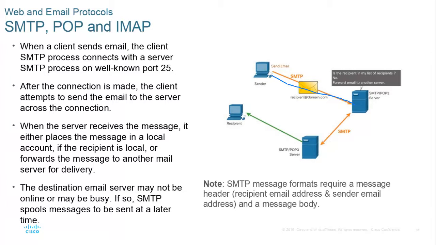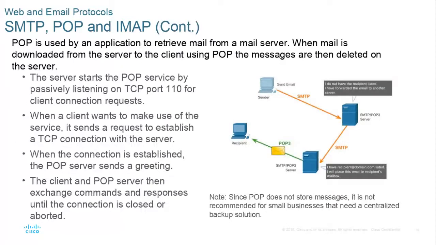Whenever you pick up mail, it's POP3 or IMAP. These protocols are not commonly used by home users or corporate users anymore. They typically will use a web-based service like Google Mail or Hotmail or something like that.